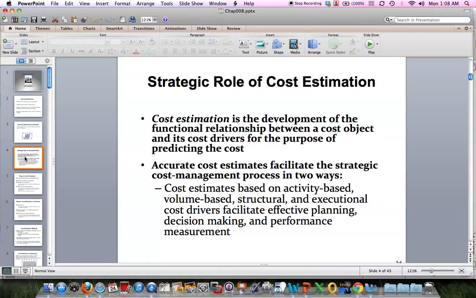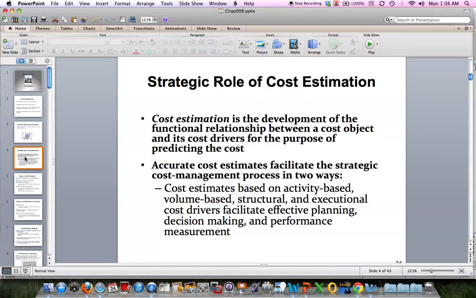And then accurate cost estimates are used to facilitate strategic cost management by doing a couple of things. And cost estimates based on activity-based, volume-based, structural-based, and also executional cost drivers. Basically we're trying to figure out what's causing a cost. Is it an activity, some kind of a volume happening?